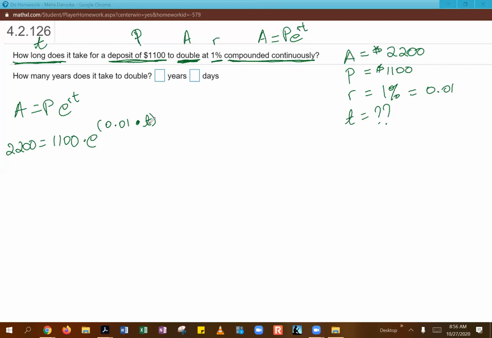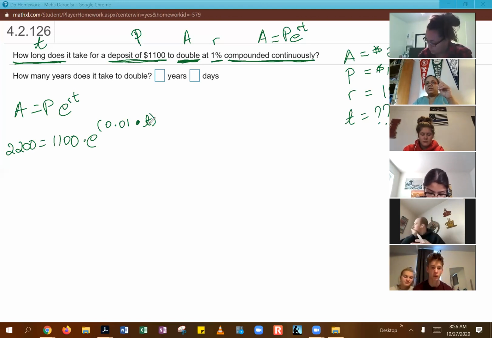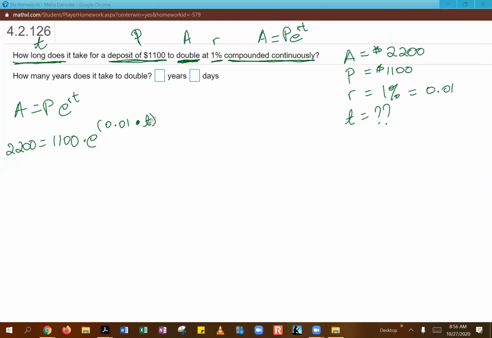As you can see, our T value is the unknown and that unknown is in the exponent. That's when we know we have to use logarithms, because anytime the unknown variable is in your exponent, we have to use logarithms to bring it down to the base level so that we can solve it. Let's clean up this equation a little bit.